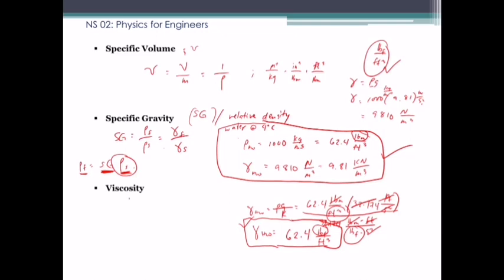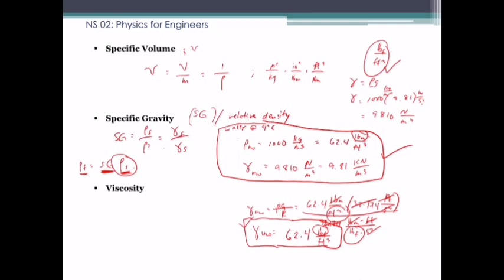Next is viscosity. We will simply have the definition of viscosity, since you will have further discussion about it in your fluid mechanics. It is the property of a fluid that tends to prevent it from flowing when subjected to an applied force.